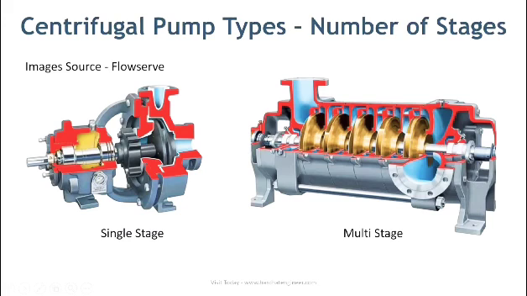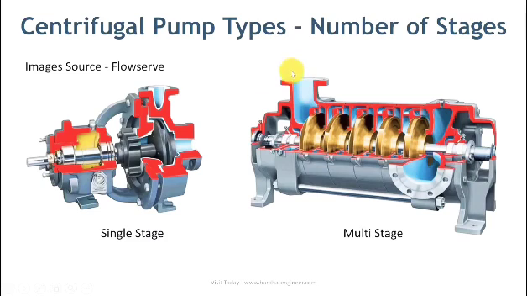Single impeller design is useful for a large flow rate with a relatively smaller increase in the pressure head. When you need a very high head at discharge, the multi-stage design is used. In this case, impellers are connected in series so that each stage will boost the fluid pressure.